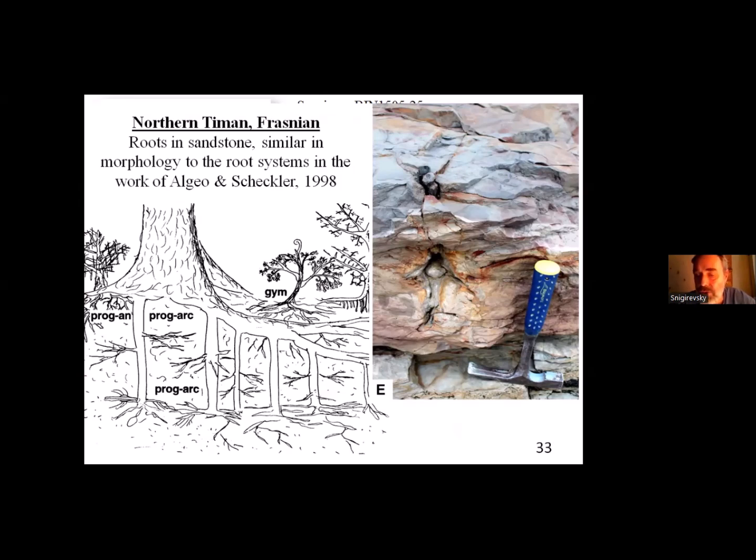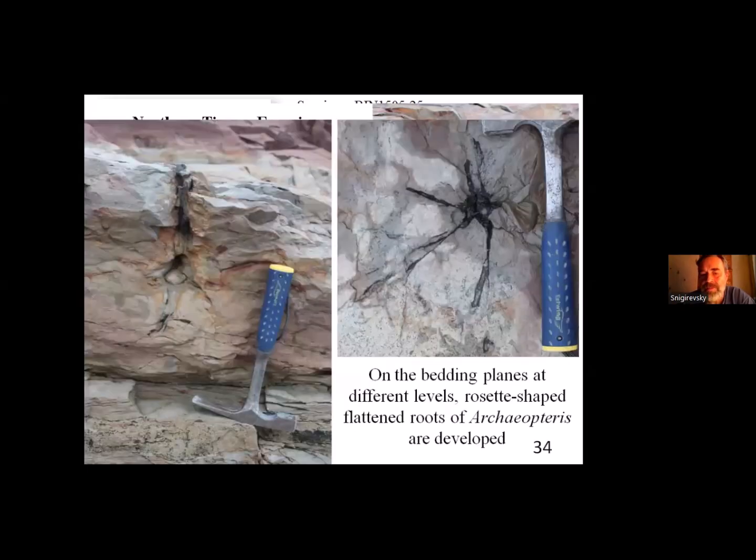And there are a lot of fossil soils on North Timan, localities with fossil soils and in situ root systems. Here, especially, you can understand that this diagram, this painting, is very right. You can see flattened roots on one level, going from this vertical root.